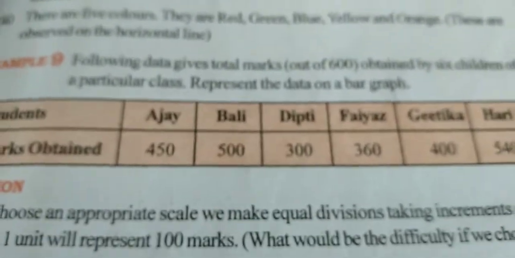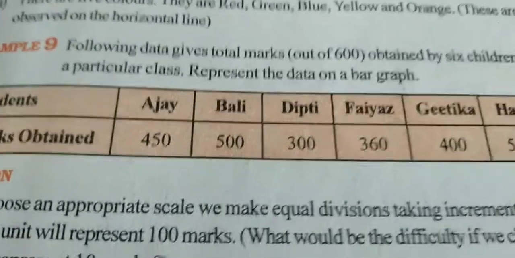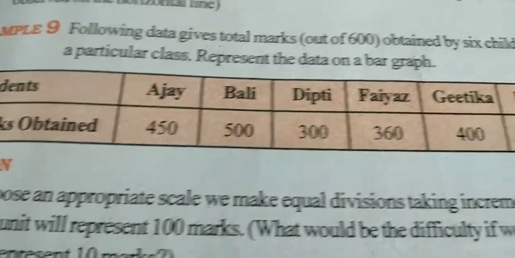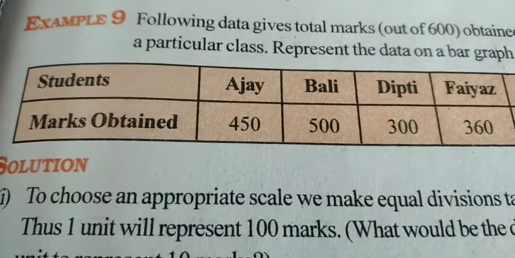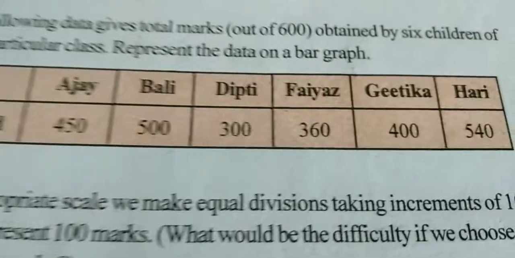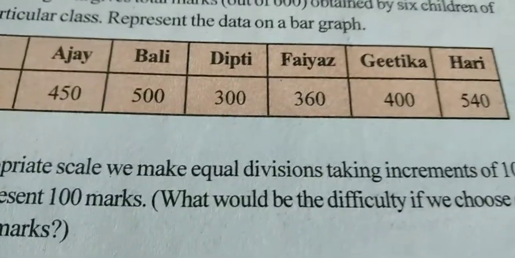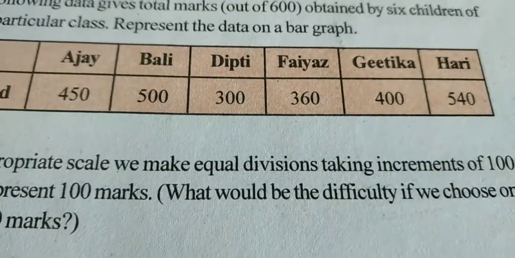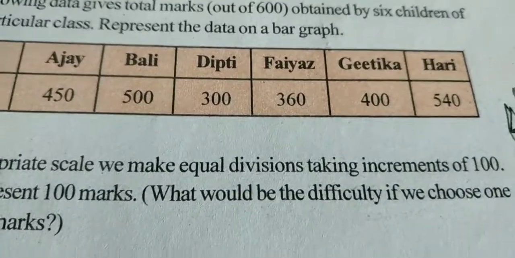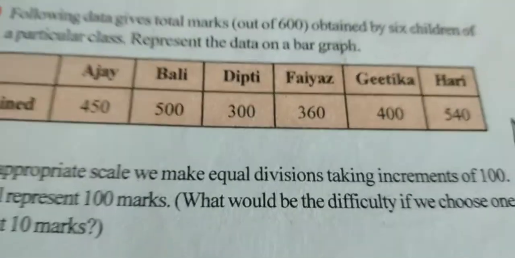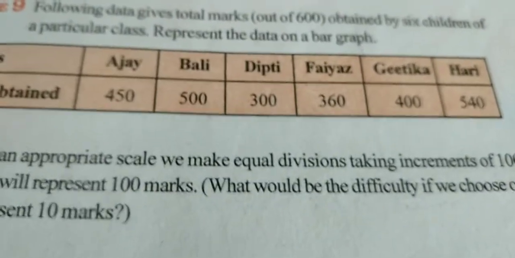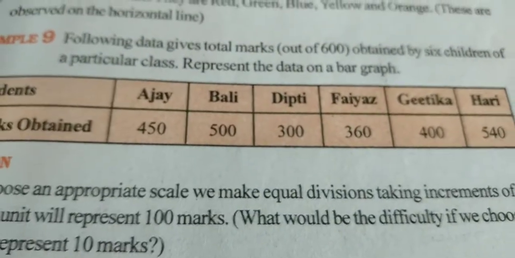Here in this question you can see the data, that is the frequency or the quantitative data, is little larger. You can see 450, 500, 300, 360, 450. Then in this case, are you going to start with lower values?